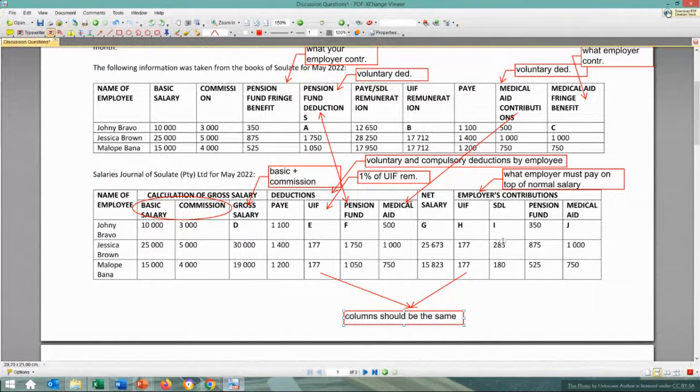Okay, then I. We said I is 1% of your SDL remuneration. So based on that information, what is the answer?